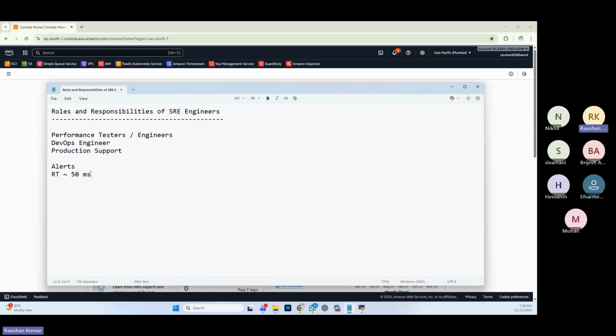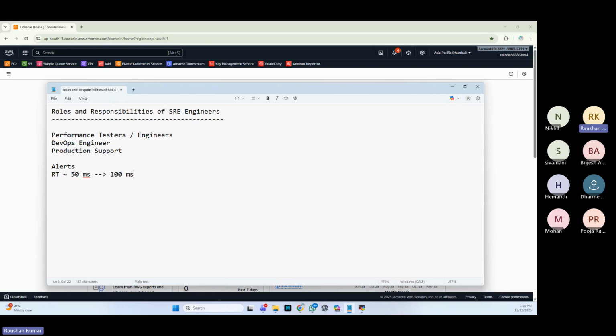That's fine, users are not feeling it, you're not getting 5xx status codes, but it's a problem, right? The user experience would be bad. If the API response time has gone from 50 to 100, it's 100% degradation. We have to look into that.